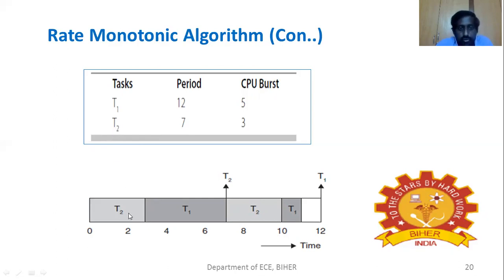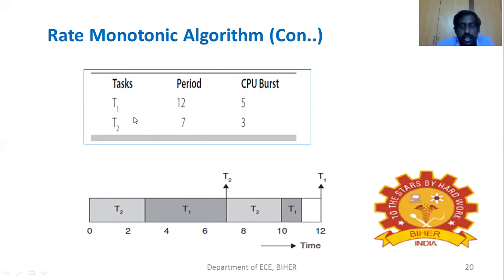The CPU burst for T2 is 3, so it runs from 0 to 3, and then again from 7 to 10. So task 2 is completed within the time periods 0 to 3, and then 7 to 10, like that.